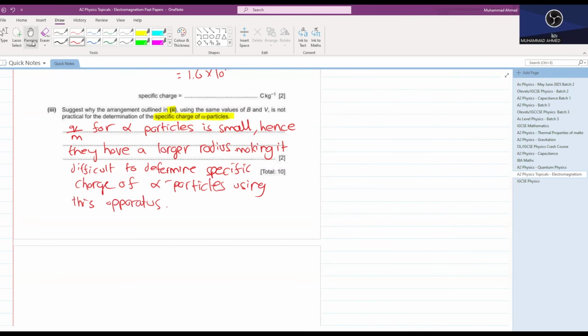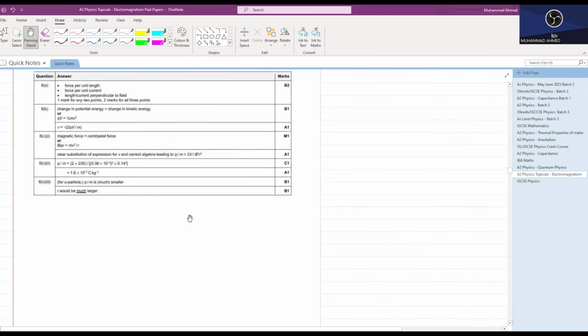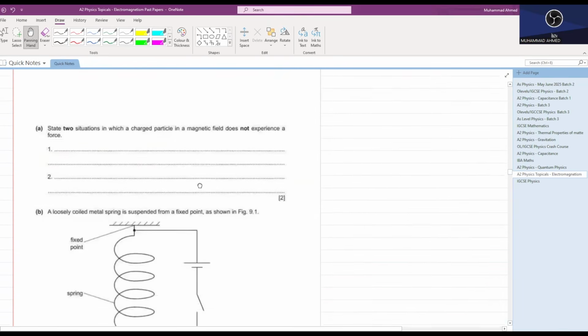Simple as that. As you can see here, this will be the answer in the marking scheme as well, I think. Yes. So, let's further move ahead.